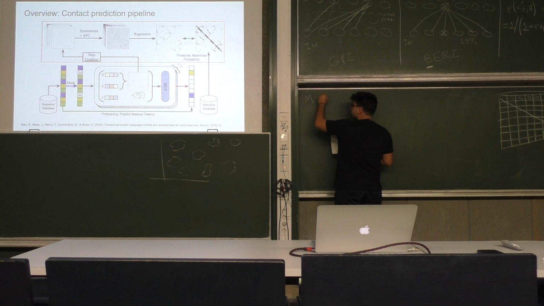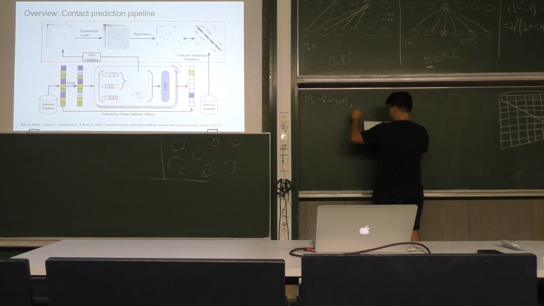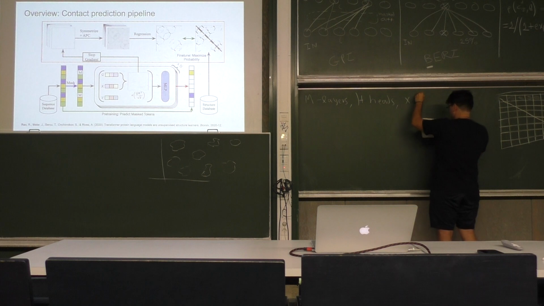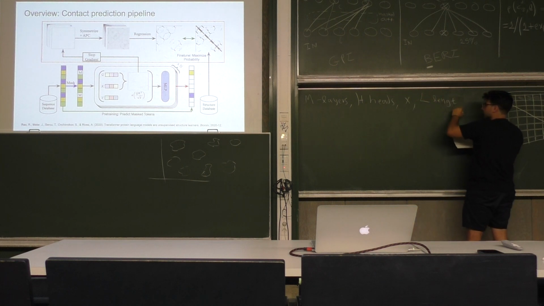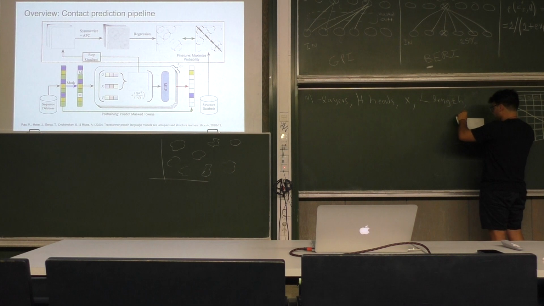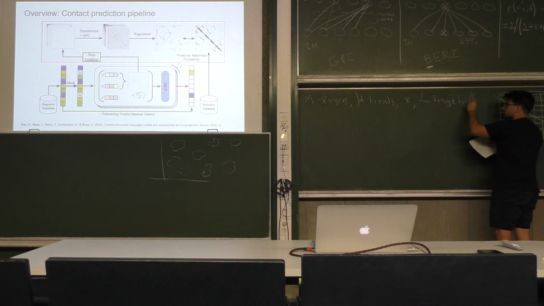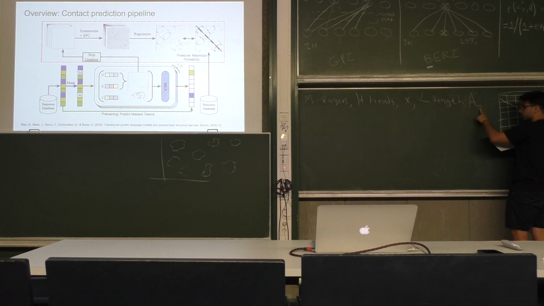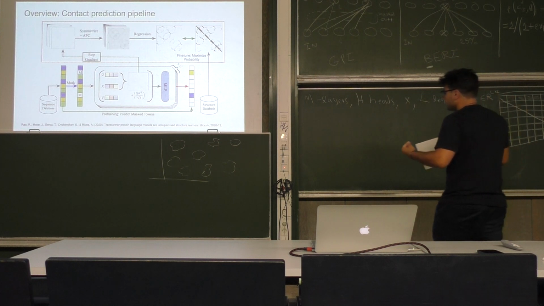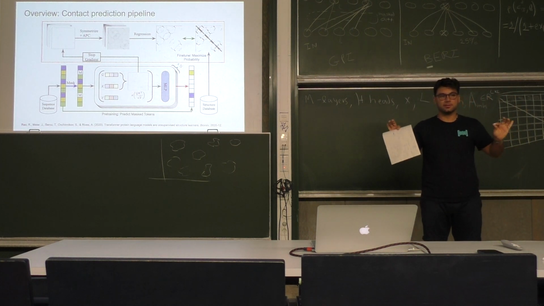So you have M layers, H heads. Your input is X, and you have a length L. We will use the letter A for the attention map from layer m, non-capital, and head h. So just to make sure that you're all following, for a given transformer model, how many attention maps do we get for one input sequence?